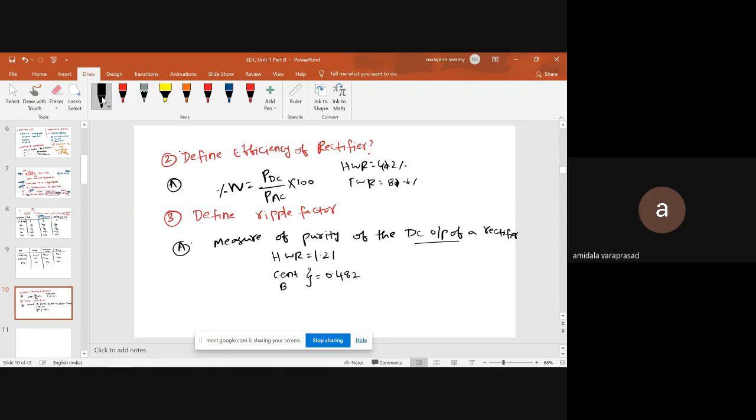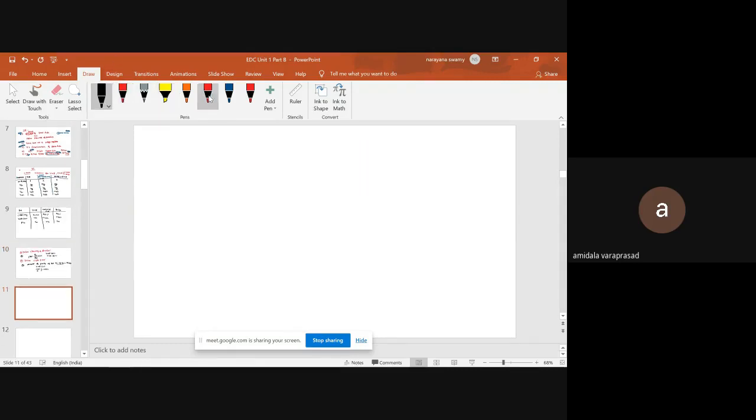Next one is peak inverse voltage. Define peak inverse voltage.